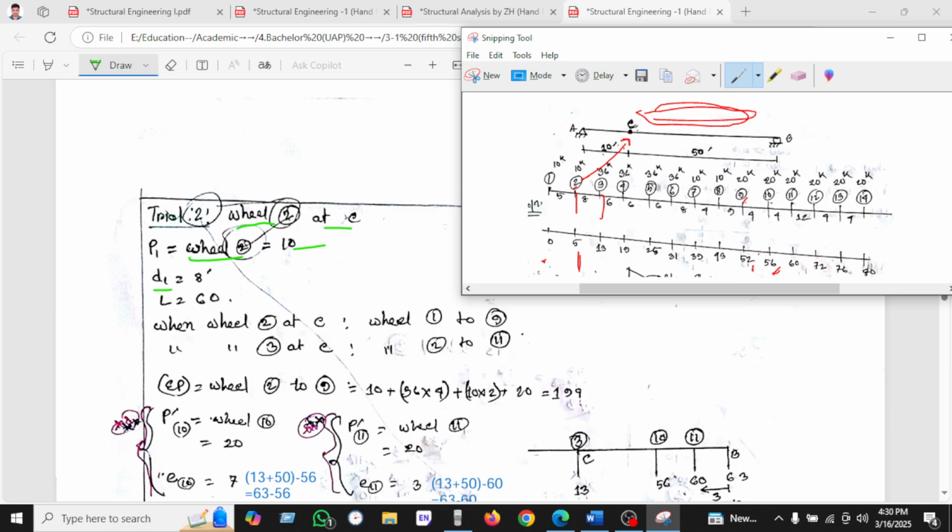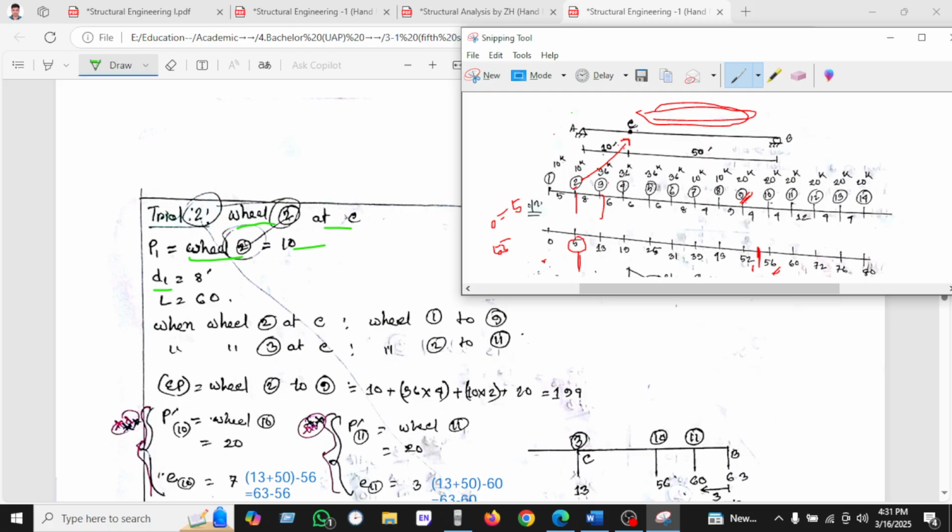It will be up to wheel 9, because we have 5 feet. So if 0 equals 5, then 50 equals 55. We can go to 55, but we have 52 only. That's why 52 is the number 9 wheel load. That's why we can go from 0 to 9.